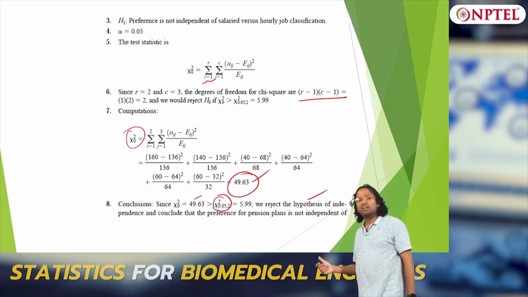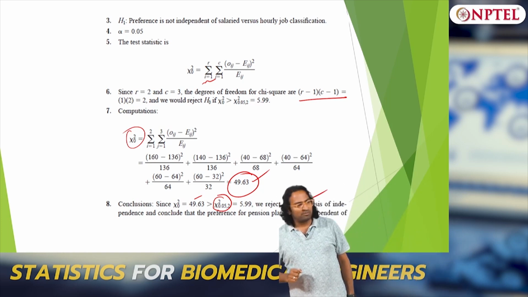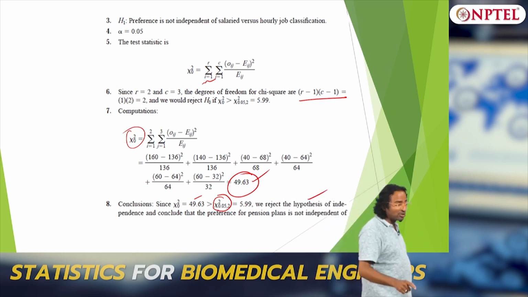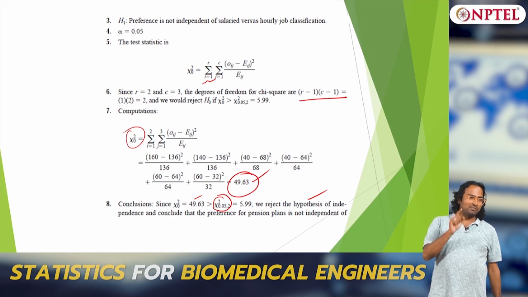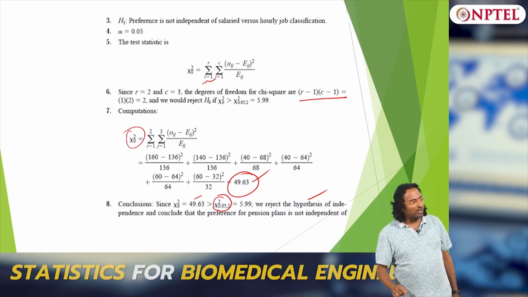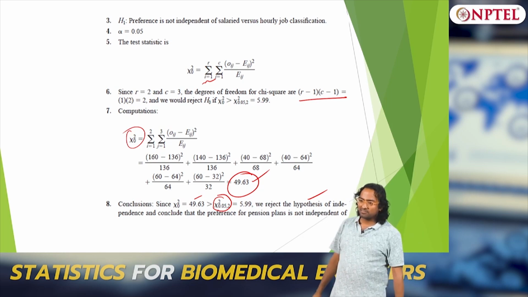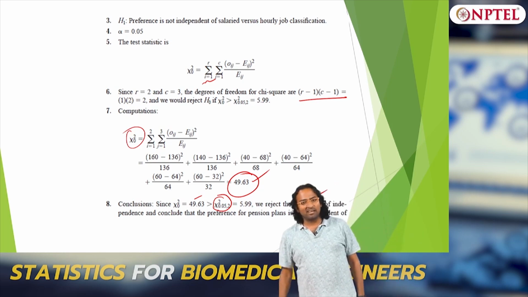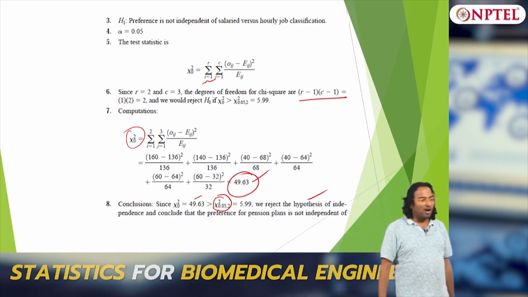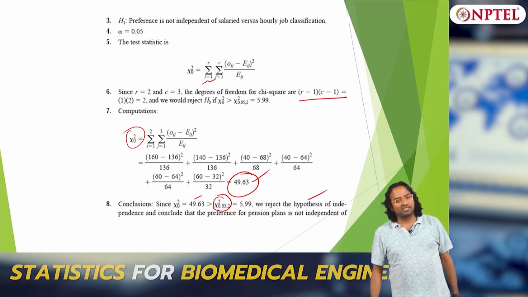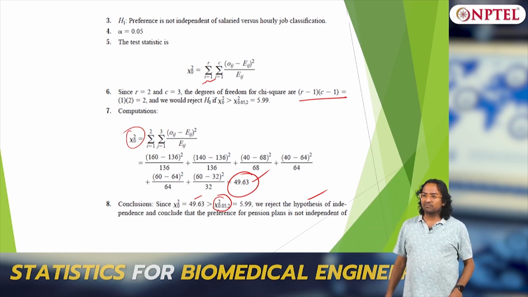So this is the test of independence of 2 variables. This can also be done for continuous variables. I have shown it for discrete, but you can also do it for continuous variables. Clear? This is the way to state statistically, with some percentage of confidence, whether it is independent or not independent. Make sense?